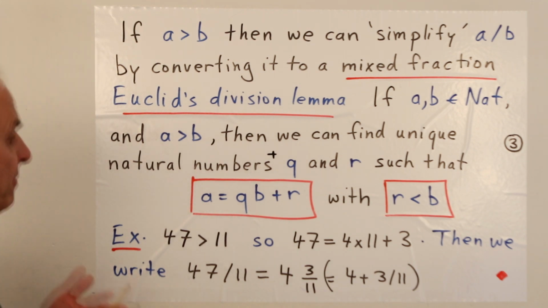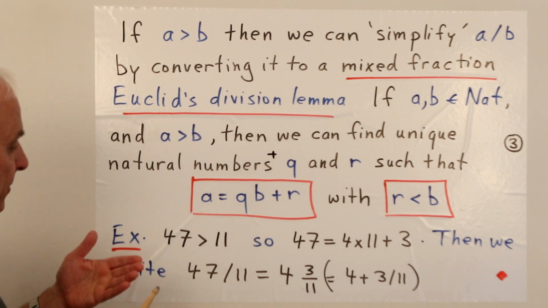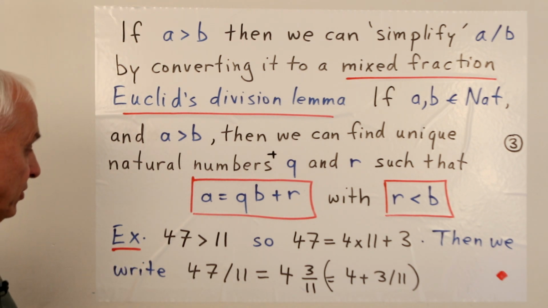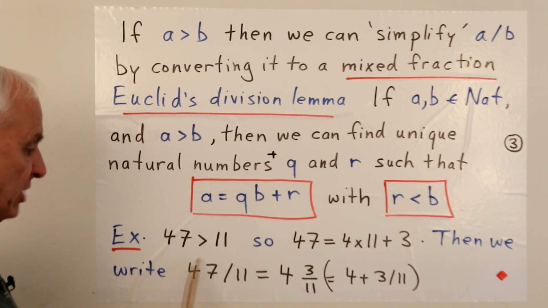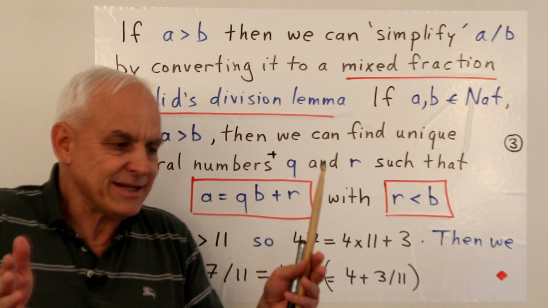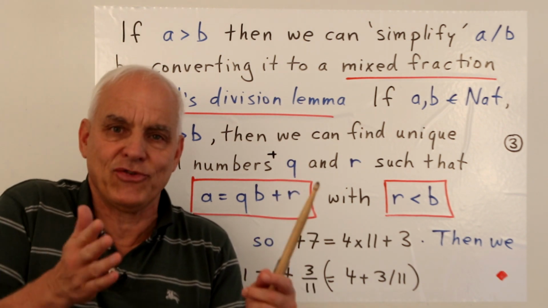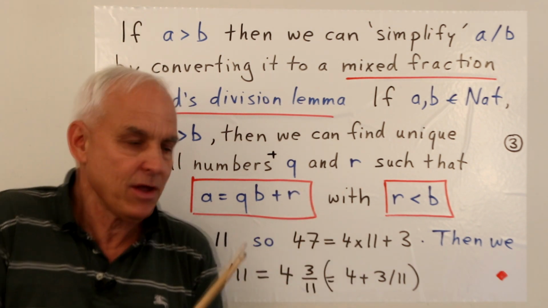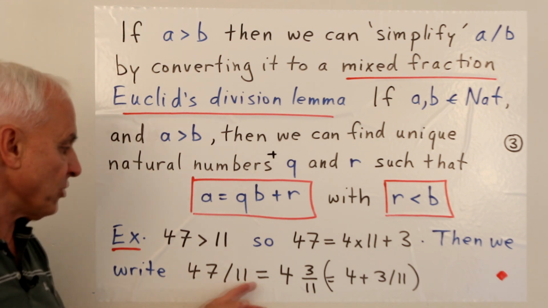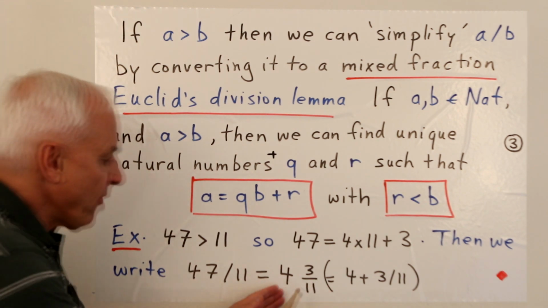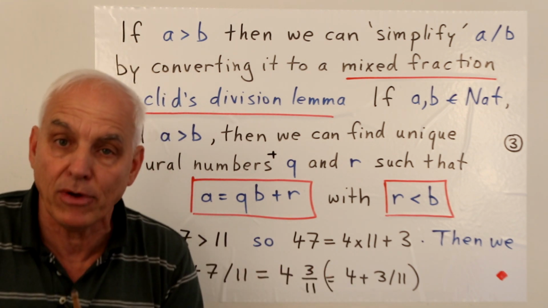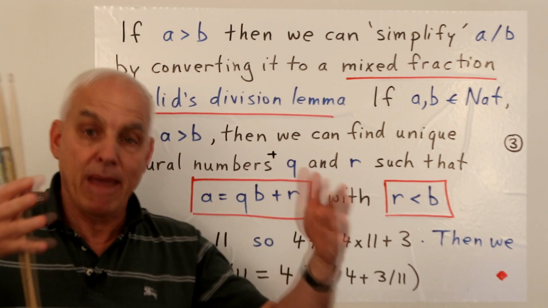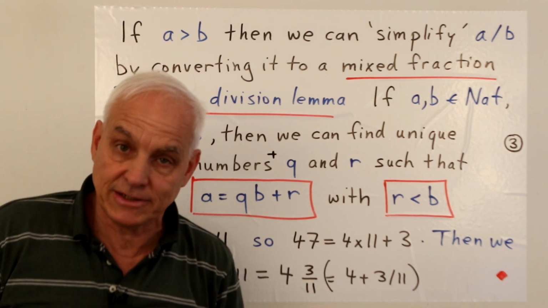This is a good thing because for primary school students, in fact for ordinary people, looking at a fraction like this, especially if the numbers are bigger, it's hard to assess how big this number actually is. We are thinking it's some number between 4 and 5. When we write it like this, we have a clear idea of where it is on the number line and what kind of an absolute magnitude it represents.